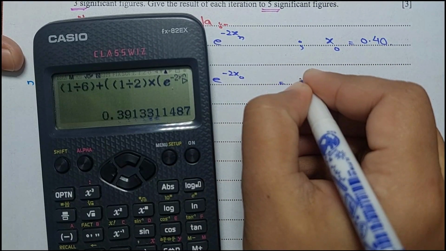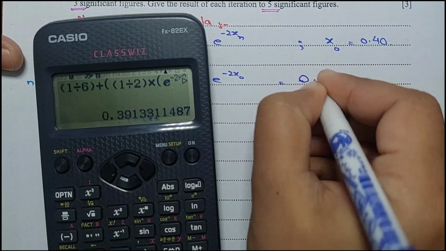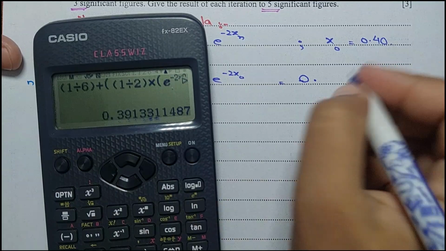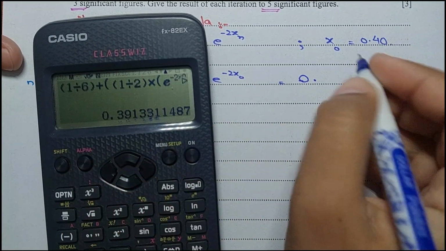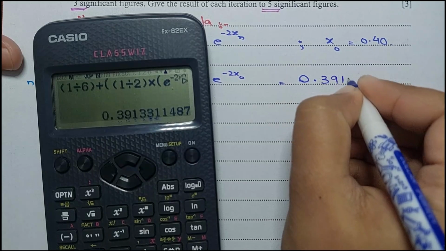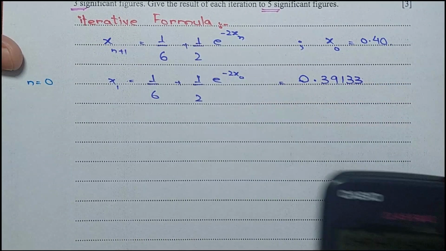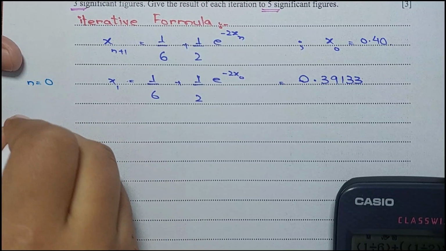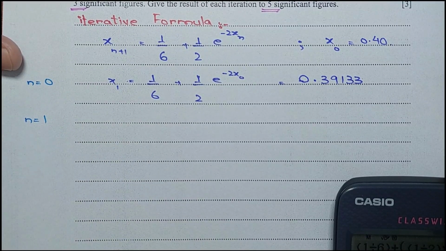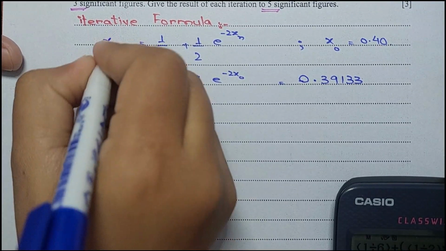This is, to 5 significant figures, 1, 2, 3, 4, and 5, 0.39133.